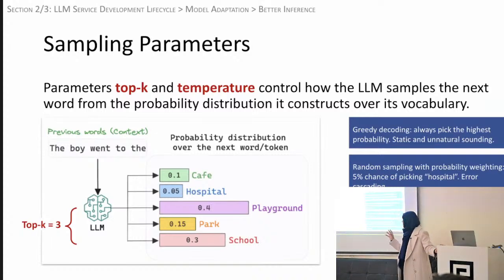The main thing to remember is that lower temperature means less randomness. Higher temperature means more randomness, right? So if you push the temperature up, it makes a more flat probability distribution, and it's more likely to get more creative, to pick more different words, right?